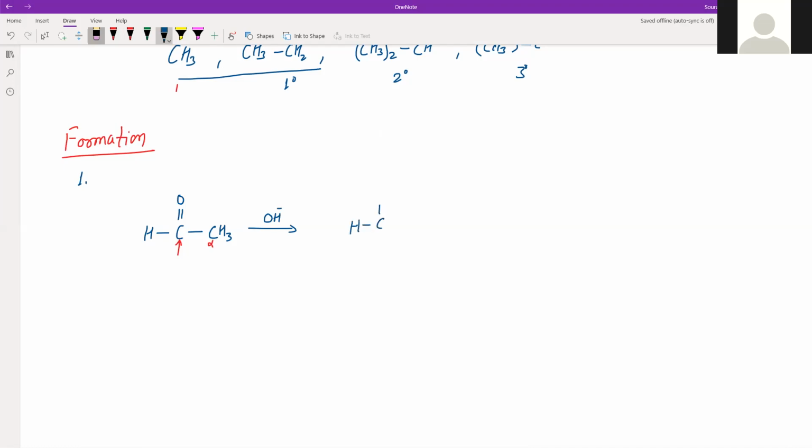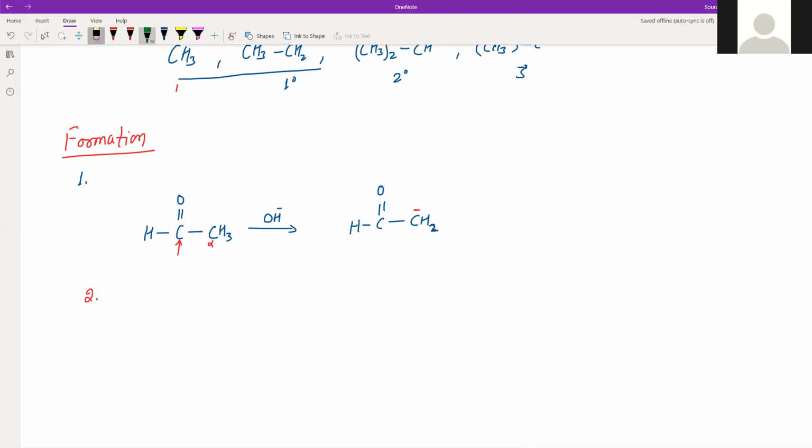C double bond O CH2, and because hydrogen has left with OH negative, there will be a negative charge on this carbon. This is how this carbanion is formed. So let's write it properly.